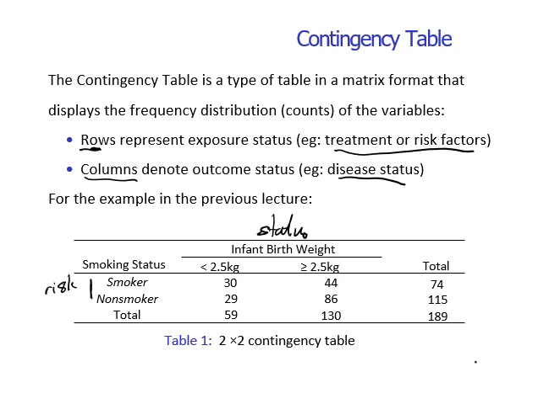Okay. All right. Now you can actually see that out of 74 infants born by smoking mothers, 30 are of a smaller weight. Out of 115 born by non-smokers, 29 are smaller weight. Okay, so based on this, you can look at what is the proportion of smokers and non-smokers. So first we state this.